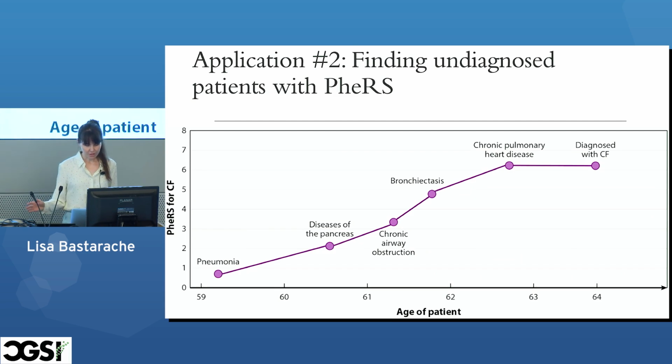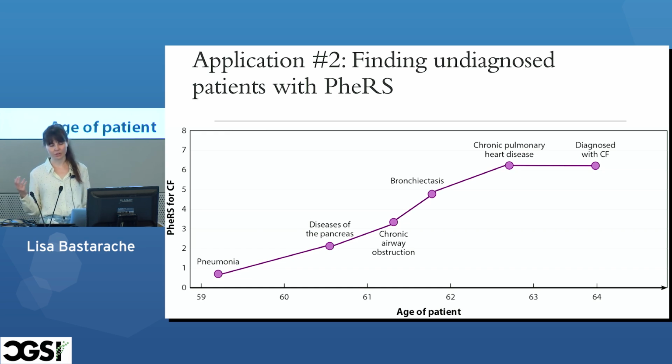But almost as soon as the paper came out, people became very interested in, and then they got me interested in, a second application for the phenotype risk score, which is, I think, a lot more challenging, but maybe more fun too. And that is the idea: could we use the phenotype risk score to find patients who are affected by these conditions and are undiagnosed?